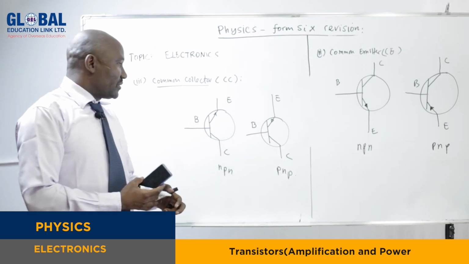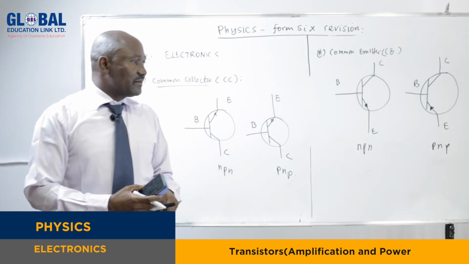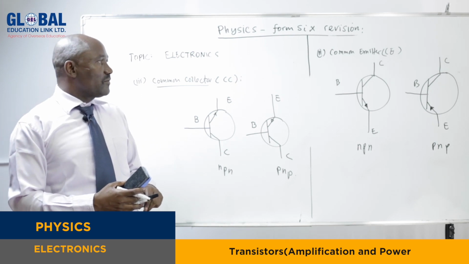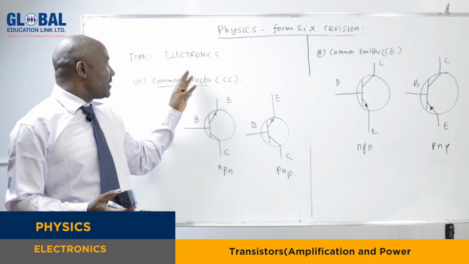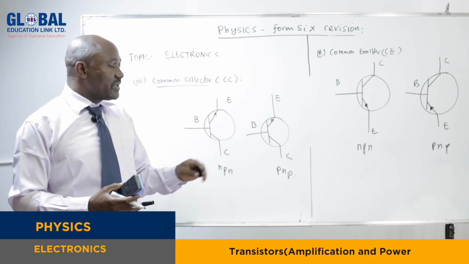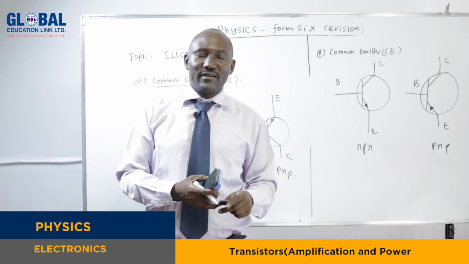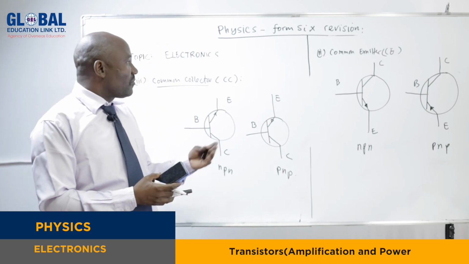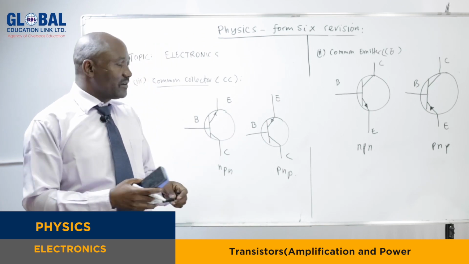So those are three types of connecting a transistor. We call them configurations. We have three ways of connecting a transistor: common base, common emitter, or common collector.